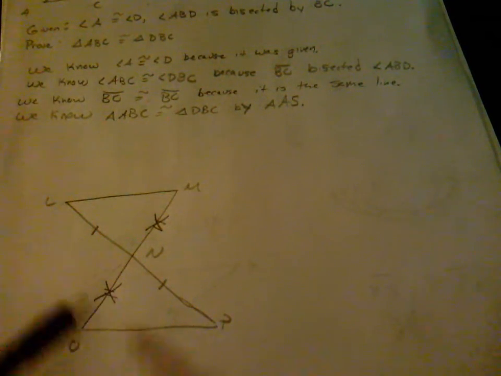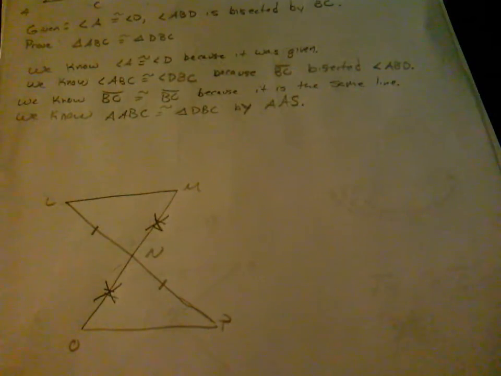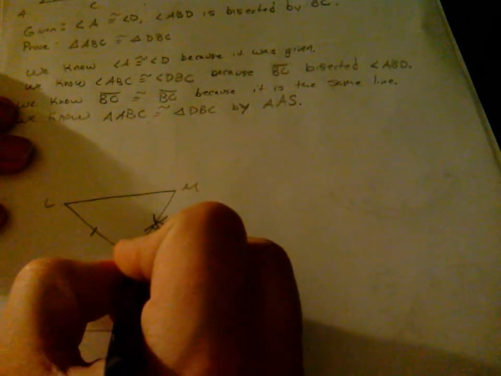So this is an incorrect assumption to ever make. Unless I tell you it's true, it's not true. But there's one thing we do know by the picture. We know that these two things are vertical angles. Okay, so you should always mark your vertical angles, and you should always state that your vertical angles are congruent.